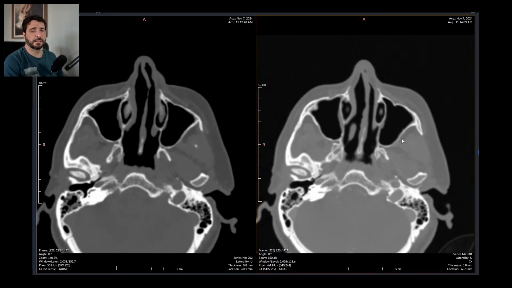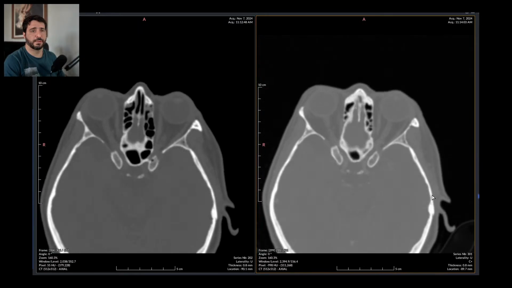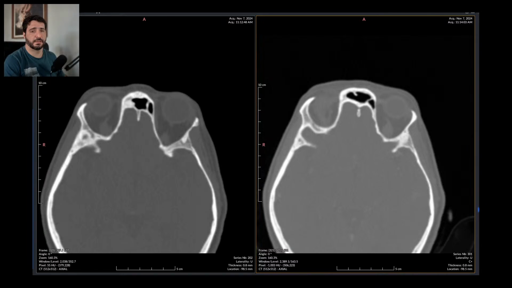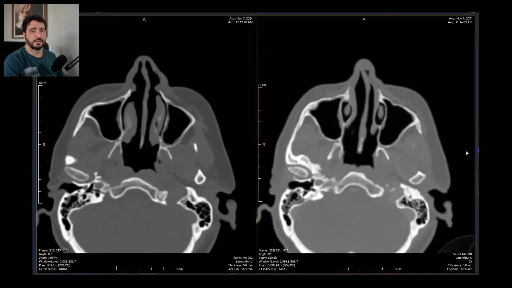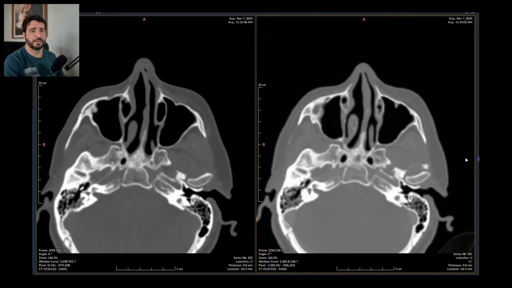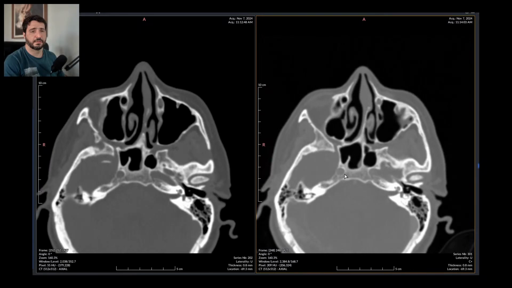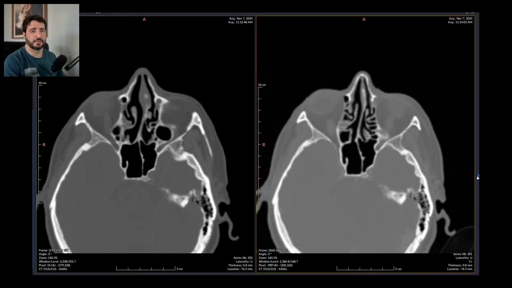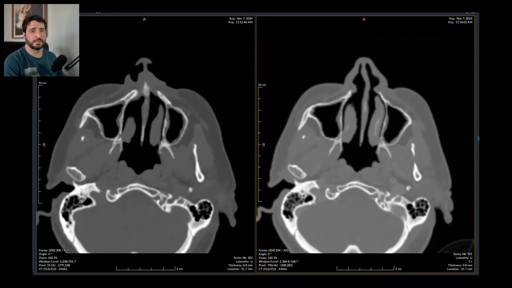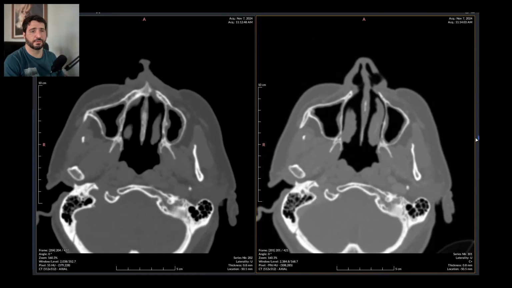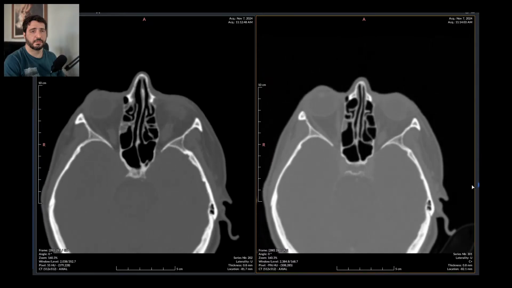And there is slight thickening of the mucosa. There is hypoplasia of the right frontal sinus. There is deviation of the nasal septum to the left. Some thickening of the sphenoid sinus, and of course the ethmoidal sinus cells are also thickened.